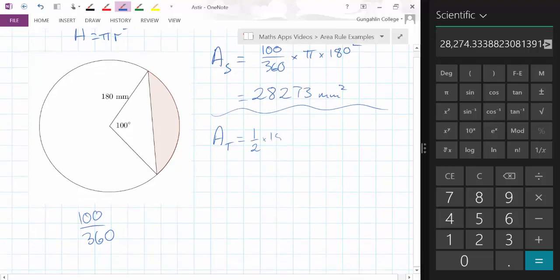So it's going to be 180 times 180 times sine of 100 degrees. 180 times 180 is again 180 squared, so that is going to pop up again. Divide by 2, 64,800, and I've got a times by sine 100.